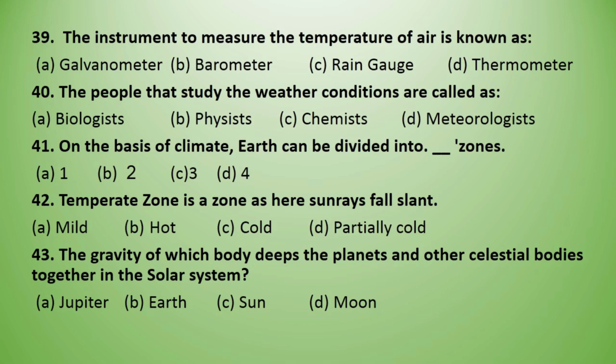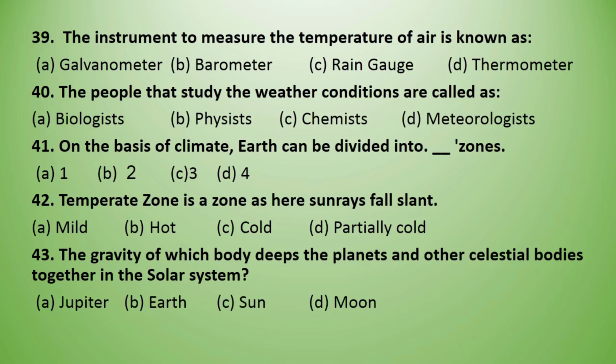41. On the basis of climate, Earth can be divided into ___ zones. A. 1, B. 2, C. 3, D. 4. Answer is C. 3. 42. Temperate zone is a ___ zone as here sun rays fall slant. A. Mild.